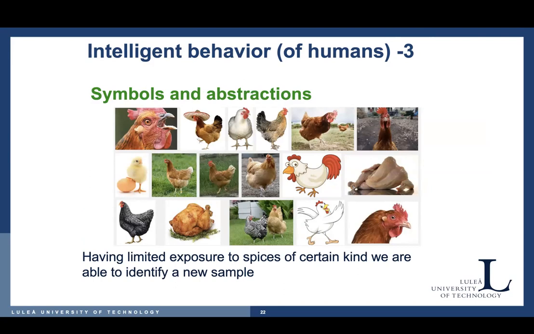It is still an unsolved challenge how intelligent beings are able to learn abstractions from being exposed to very few examples of a phenomenon. In the case of learning, these are called one-shot or few-shot learning techniques.